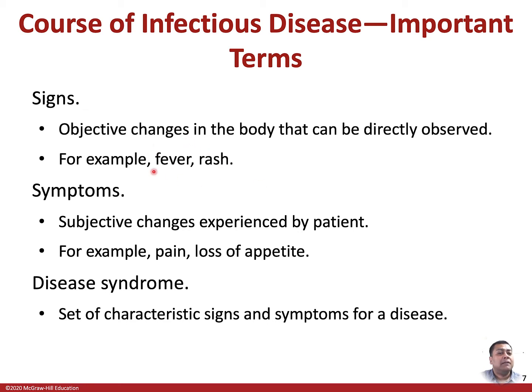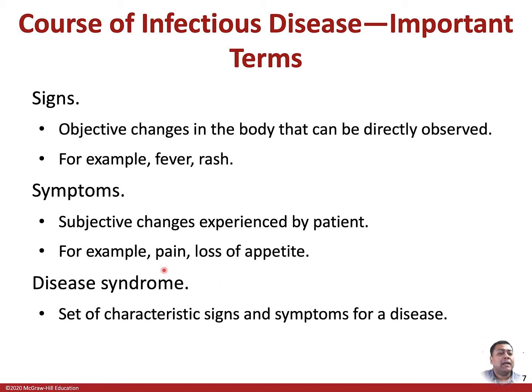For example, a fever can be felt by another person or measured using a thermometer. A rash can be seen visually. On the other hand, a pain, a loss of appetite, or a headache are symptoms, but they cannot be determined by other people until they are conveyed or communicated by the patient.